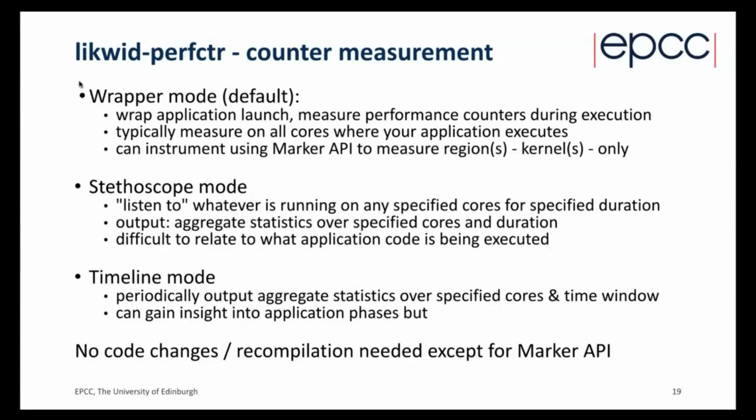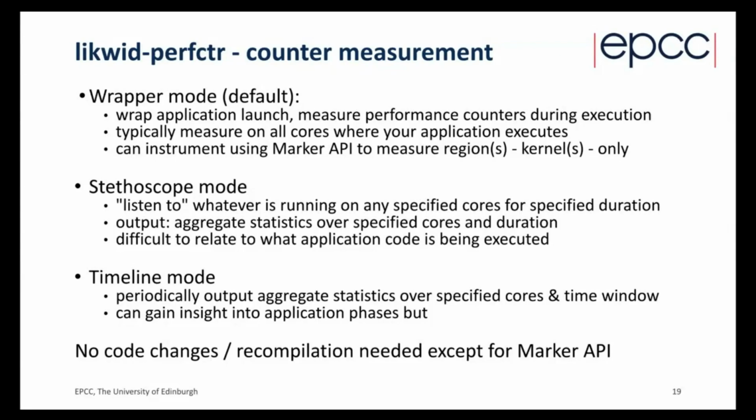Timeline mode is nice in a way because it essentially is like live monitoring of your application, in that it periodically outputs aggregate statistics, aggregated again over the cores that you specify to measure, and regardless of what's running on those cores, it better be your application, probably, if you care about that.